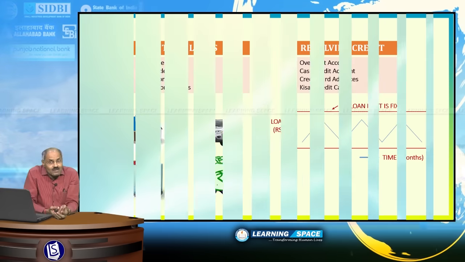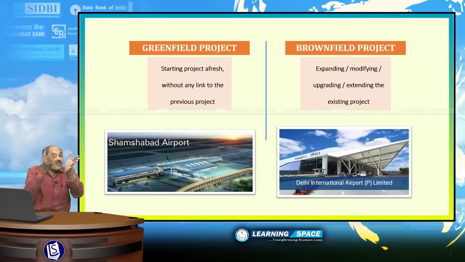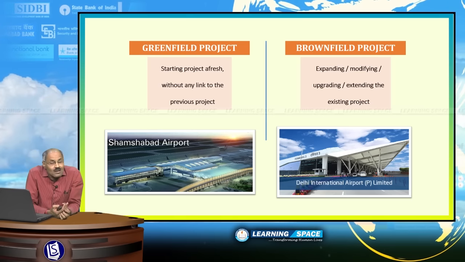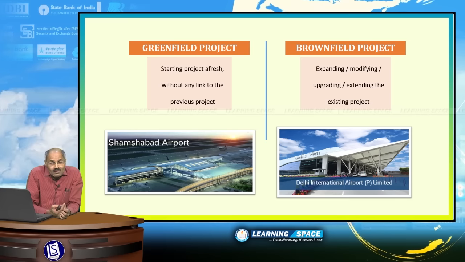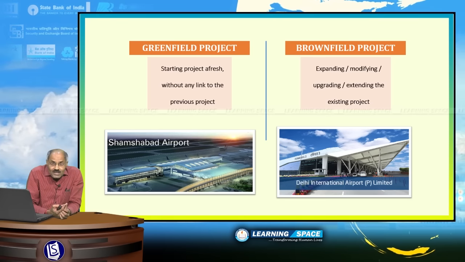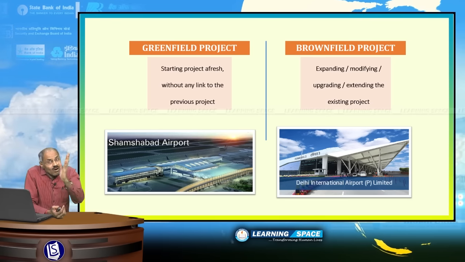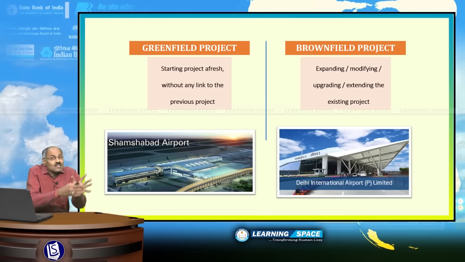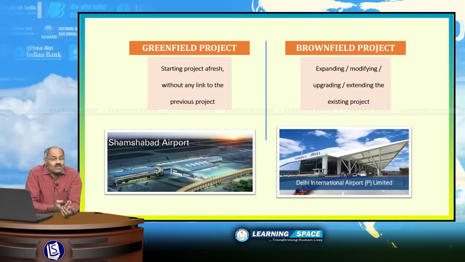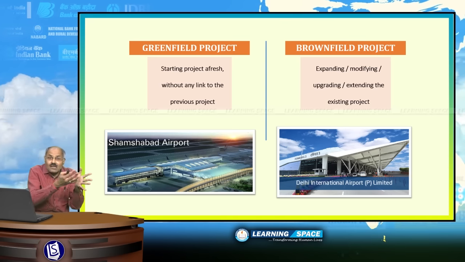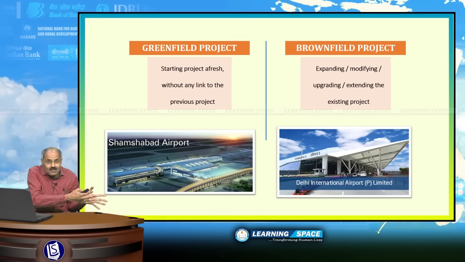Look into the last one, the difference between greenfield project and brownfield project. When a project is started from scratch at a new location, one example is Shamshabad Airport in Hyderabad. Previously, the airport was in Begumpet.